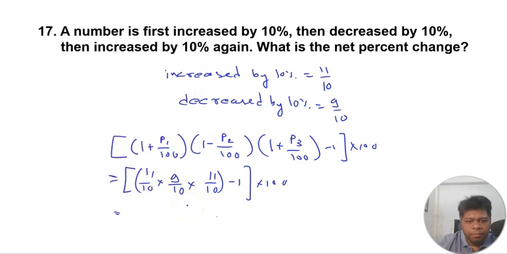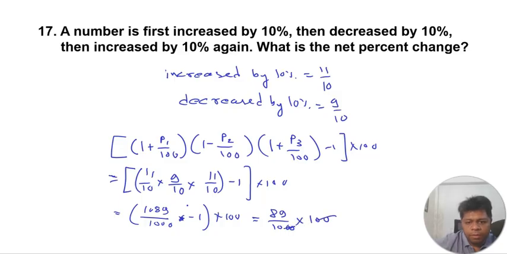Okay, so it will become 1089 by 1000. In the exam, you will get on-screen calculator. Use that for complex calculation. So now if I minus it, it will be 89 by 1000 into 100. Okay, so discarding 0, it is 8.9%. As it is positive, so increase.